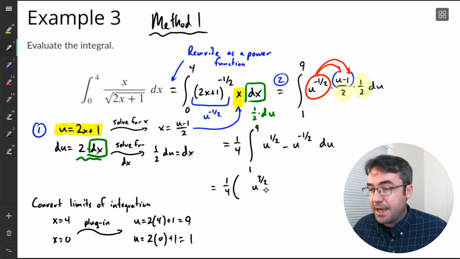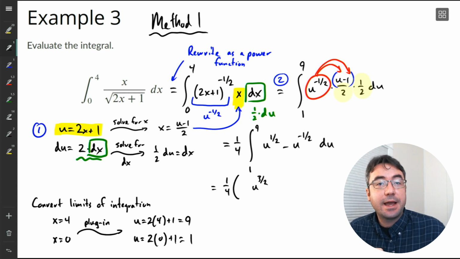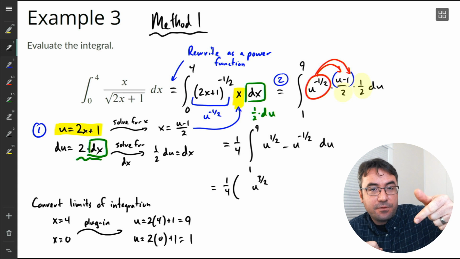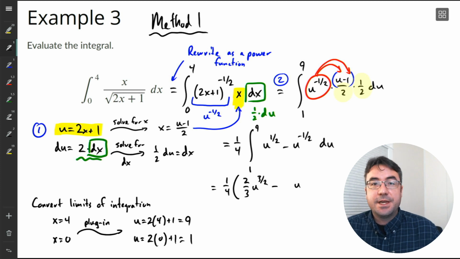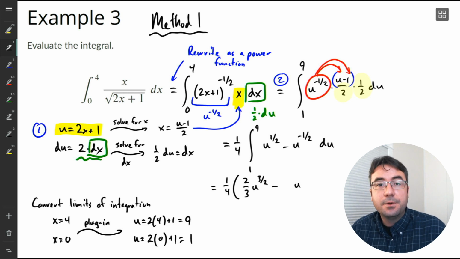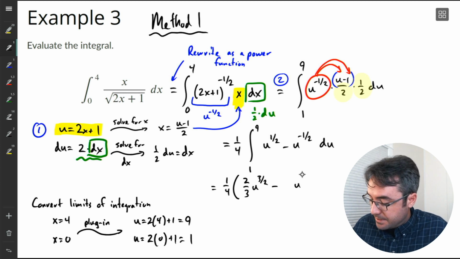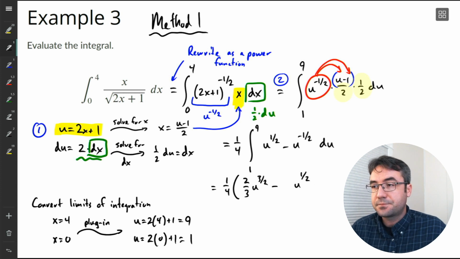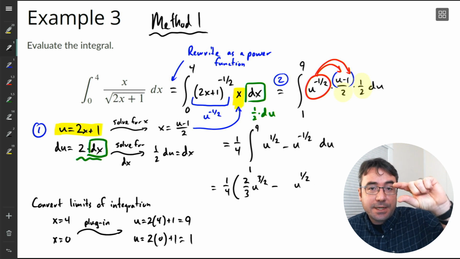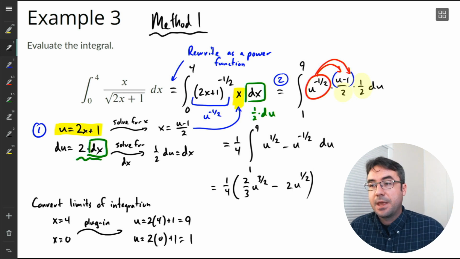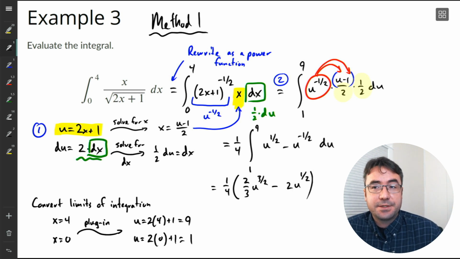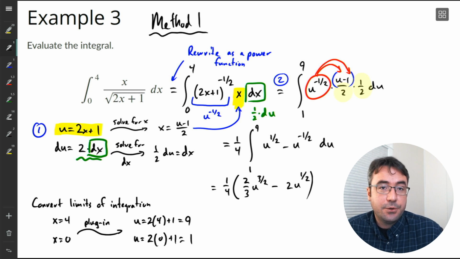We add 1 to the exponent, which bumps us up to 3/2. Take that new exponent, flip it, put it in front, so 2/3. Then we subtract. For the next power function, our variable is u. We add 1 to the exponent. That takes us up to 1/2. Take that new exponent, flip it, put it in front. So a 2 is going to go in front there. And then we're going to evaluate this from u equals 1 to u equals 9.